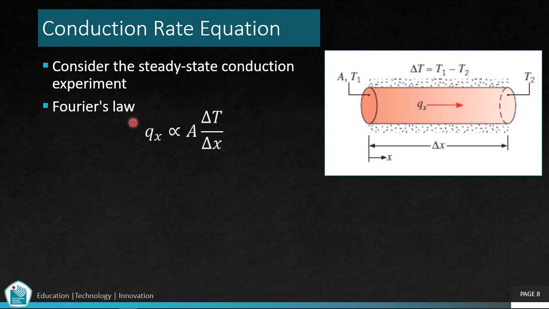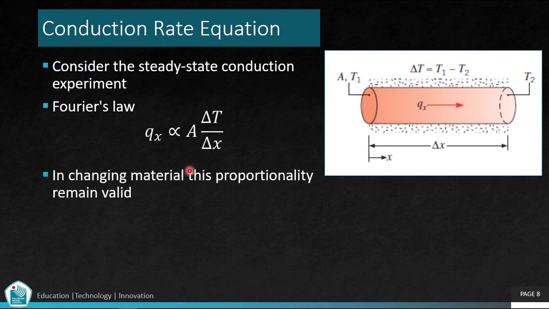So the Qx is proportional to the A if we hold the delta T and delta X constant, and the Qx is proportional to delta T if we hold the A and delta X constant, but the Qx is inversely proportional to the delta X if A and delta T are constant.